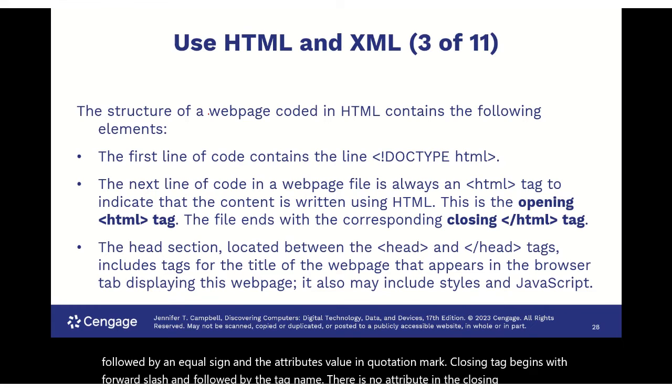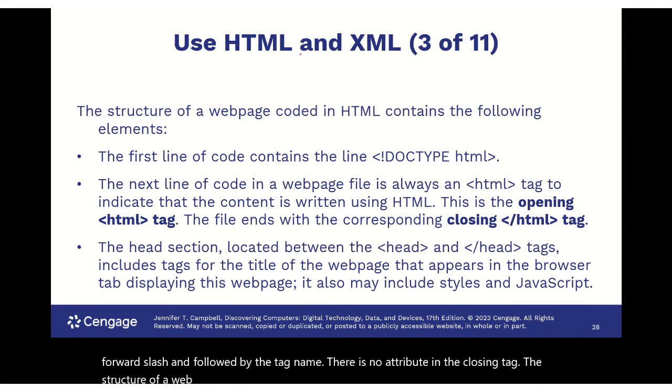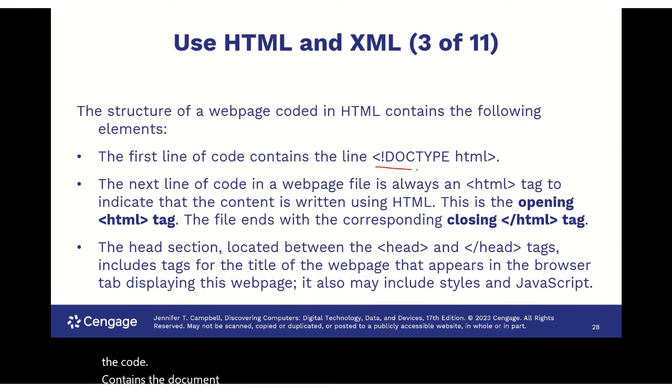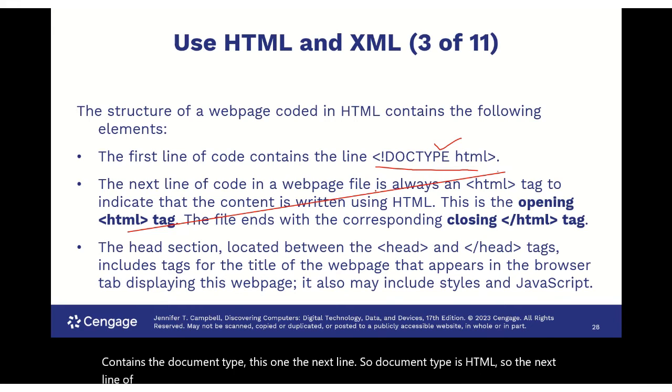The structure of a web page coded in HTML contains the following elements. The first line of the code contains the document type, and the document type is HTML. The next line of code in a web page is always an HTML tag to indicate that the content is written using HTML.